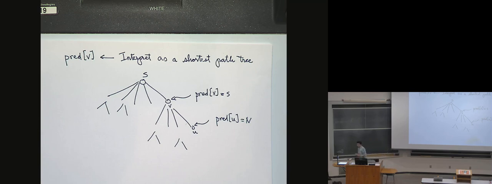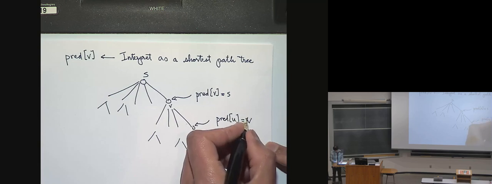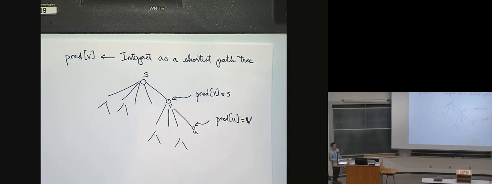Predecessor of U is equal to V. Yes, sorry, U. Because it's hierarchical, there's an order to it. Why is there an order to it? Why is it a tree? It doesn't have a cycle. Why doesn't it have a cycle?